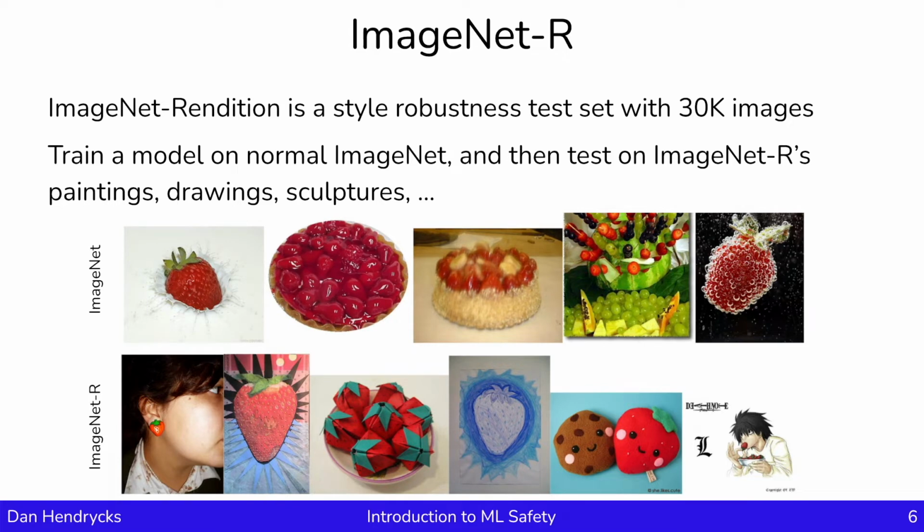Another stress test dataset is ImageNet-R, which tests robustness to rendition styles. The idea here is to train on the original ImageNet dataset and then test the model on ImageNet-R, which has different renditions such as art, cartoons, graffiti, embroidery, graphics, origami, paintings, patterns, plastic objects, plush objects, sculptures, line drawings, tattoos, toys, video games.